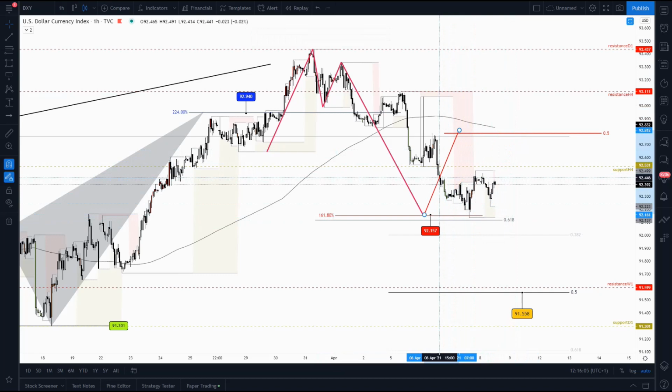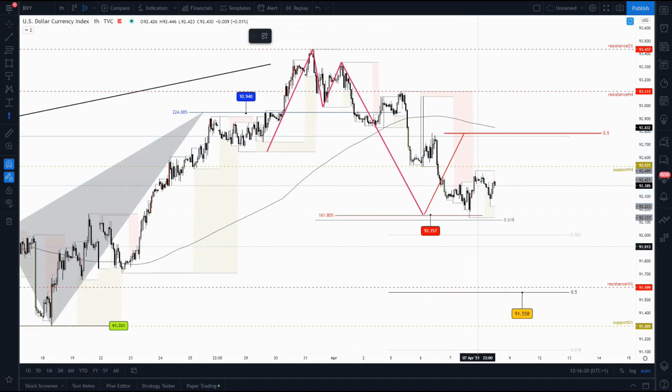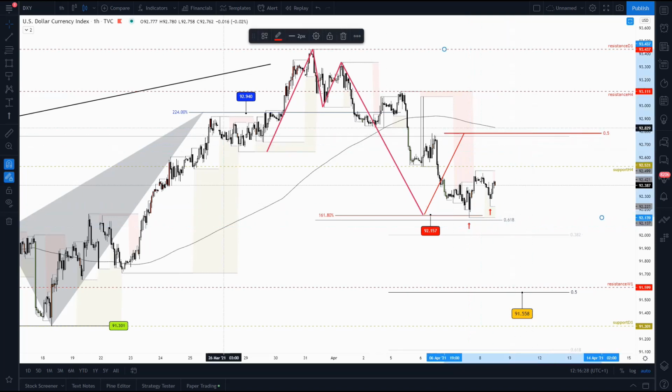I don't know if the price will respect the expected outcome for the pattern, but let's say there's potential for the market to search for the default targets and form the bearish 5-0 sequence at those levels.